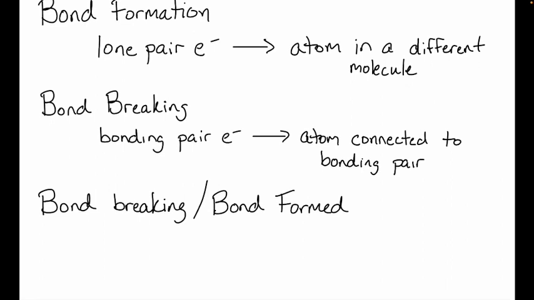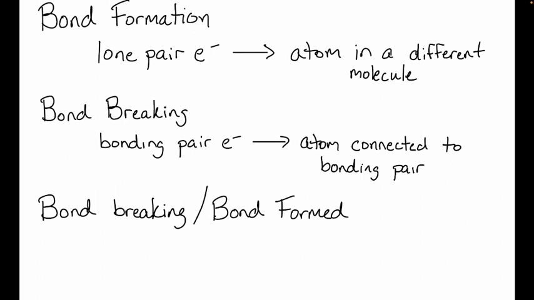What's going to make these easy to see, or the pattern that we're going to look for, is they will always start specifically at a pi bonding pair of electrons, right? And then they will point to an atom in a different molecule.